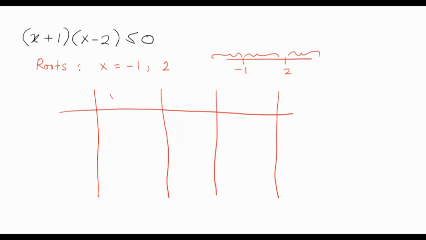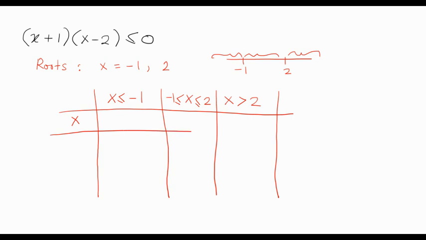The first one, I put the first interval. The second one, I put the middle interval. And then the third one, I put the other final interval over here. And then on my first column, this is the value of my x.